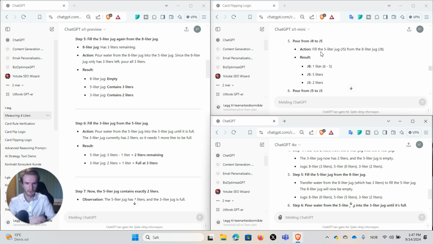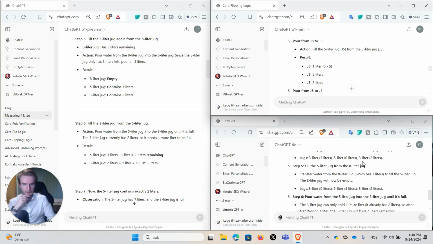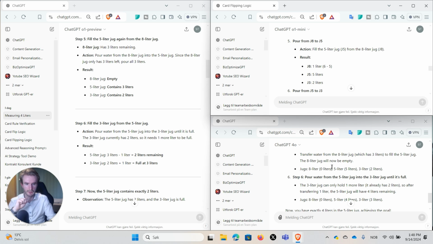That's interesting as well. So now it completely diverges. So here is 1 liter left, 5 liters left, 2 liters left, which is actually the same. Okay, except this one, J8 is 1 liter left here. Here it is 0 and 5 and 2. So now there are different kinds of totals as well.